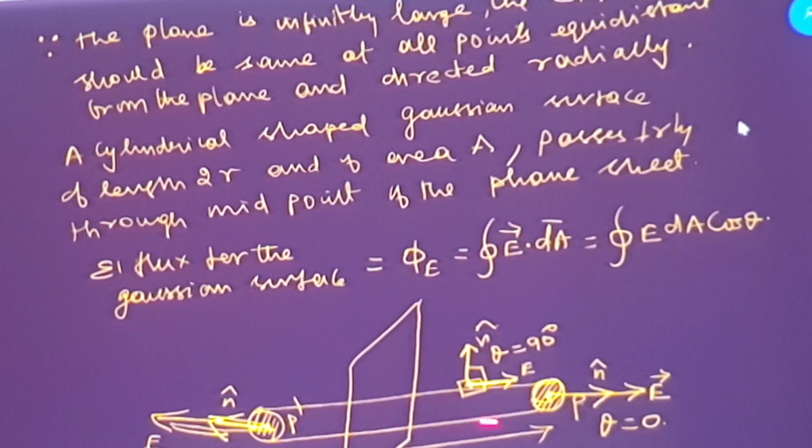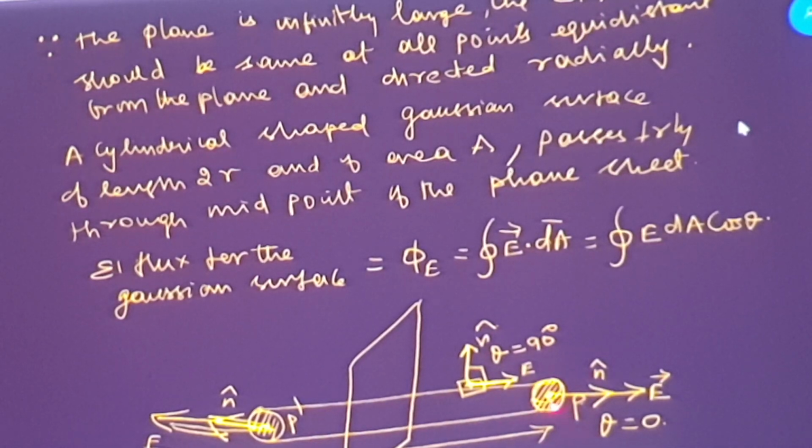So I have taken a cylinder, and at the end caps I am having the points P and P dash, which are being enclosed by the closed surface. Let the area be A. Any value can be available because the Gaussian surface is an imaginary surface. Here we have taken the points P and P dash from the center at distance R. The total distance between P and P dash is 2R. That is the length of the Gaussian surface.